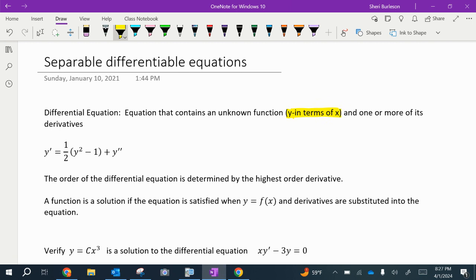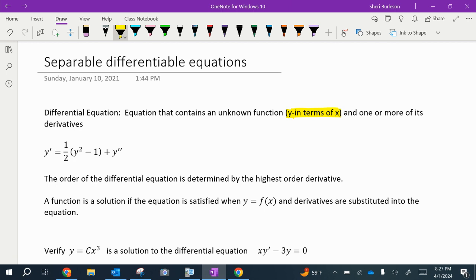When we were taking derivatives, we would do implicit differentiation, and y was an unknown function in terms of x. So we're familiar with those terms. A differential equation contains an unknown function y and one or more of its derivatives. So here's an example of a differential equation.